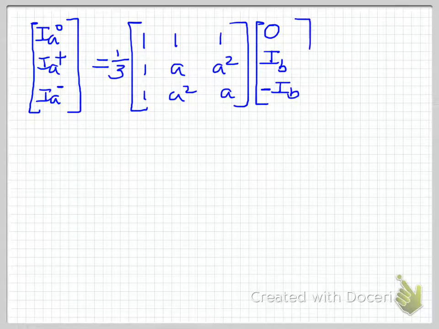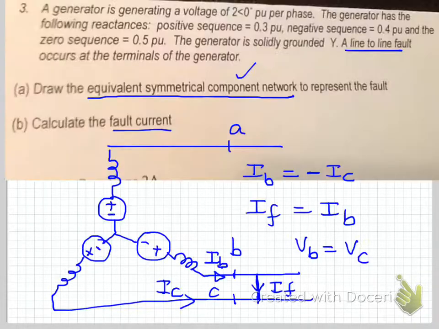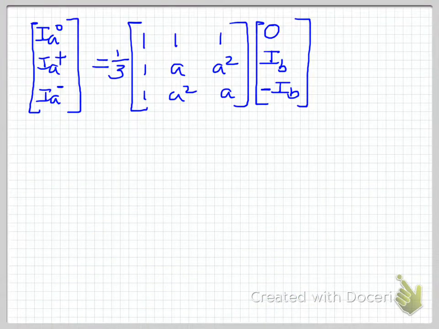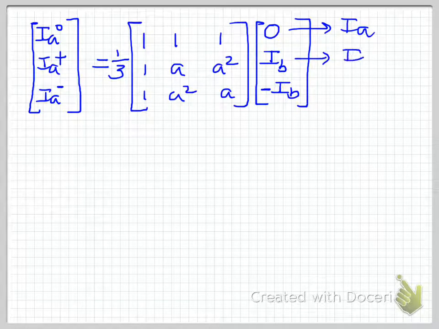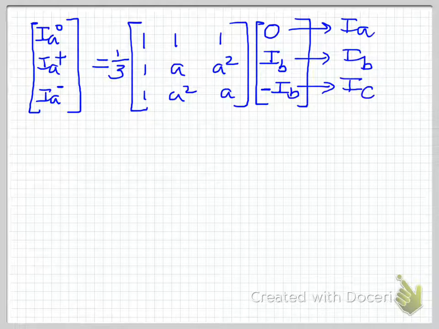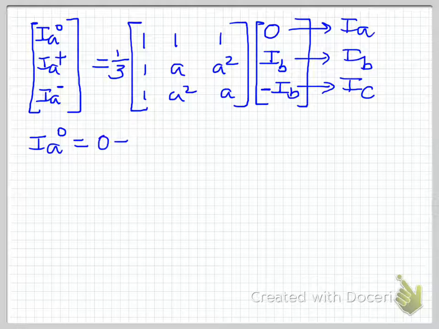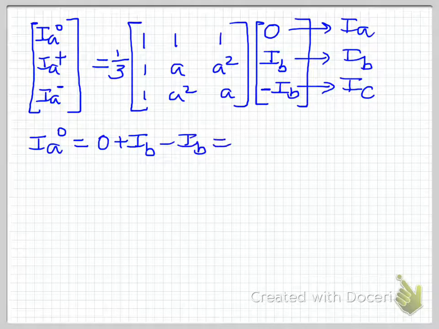If you go back to the diagram, IA is 0, IB is IB as it is, and IC you can say is negative of IB. Now if you try to simplify it, IA0 comes to 0 plus IB minus IB, which gives you 0.